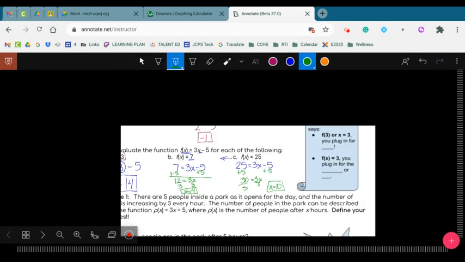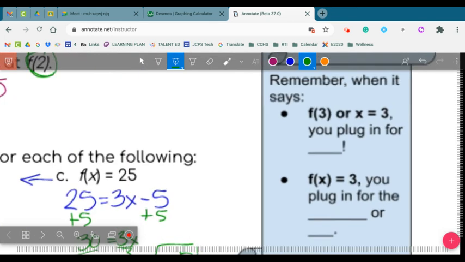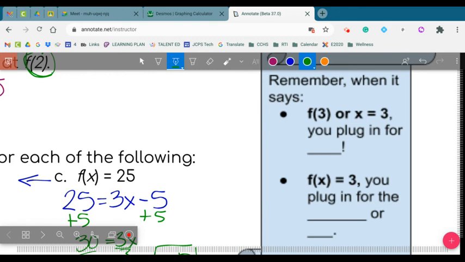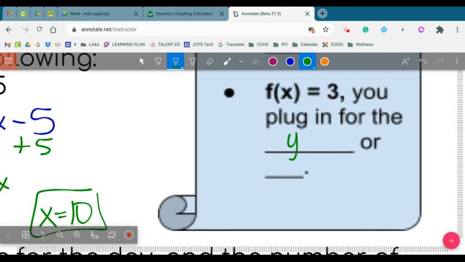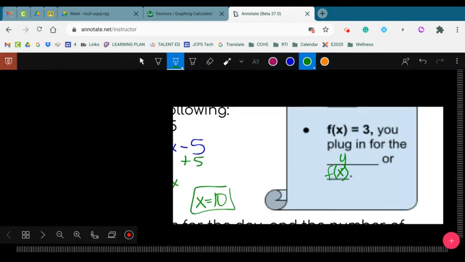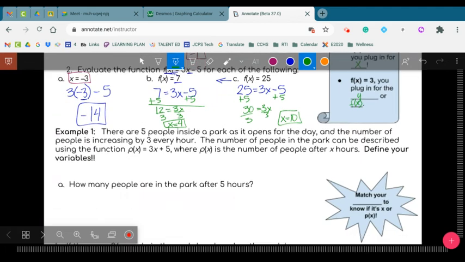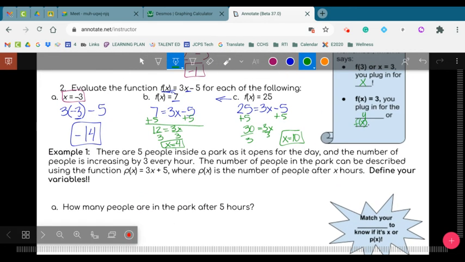To recap, if it says f of 3 or x equals 3, you plug in for x. If you have f of x equals 3, you plug in for the y or the f of x value, depending on which one it is. Let me know if you guys have any questions. That is a little bit different than what we were doing yesterday.